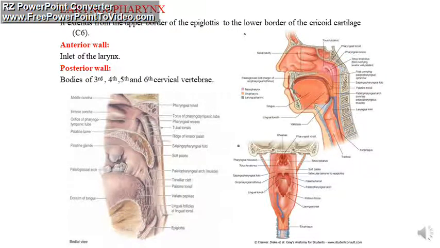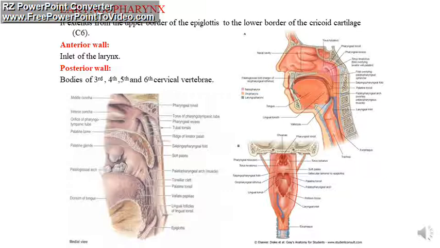While the third part, which is called the laryngeal pharynx, extends from the upper border of the epiglottis. This is the epiglottis, you see, to the lower border of the cricoid cartilage, at the C6 level. You see the epiglottis, and this is the lingual tonsil.